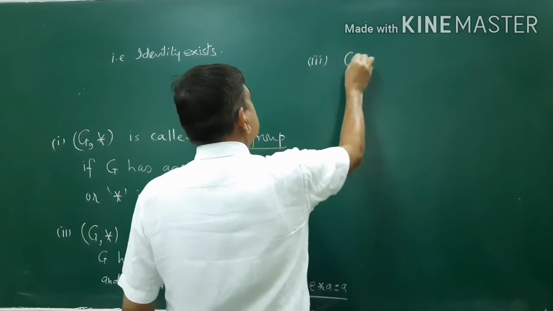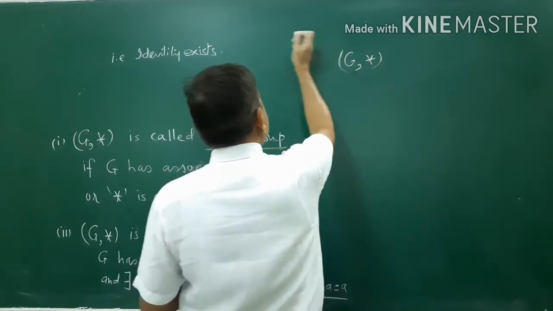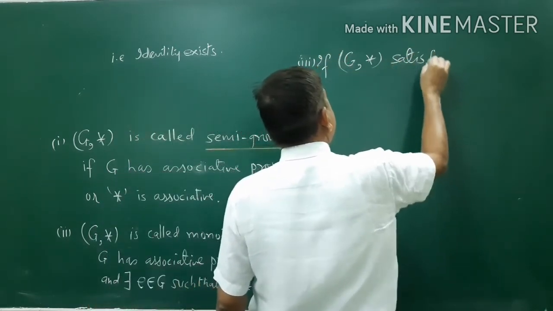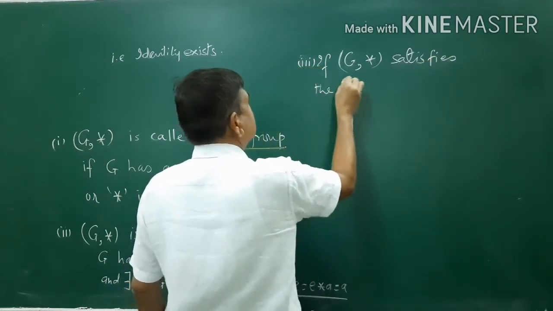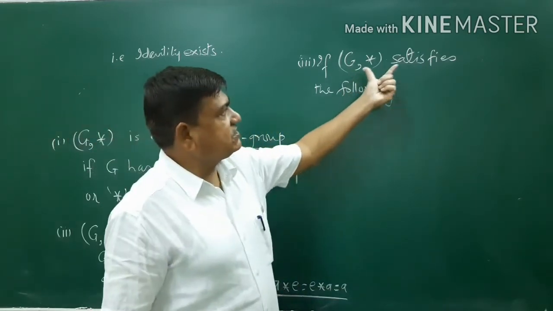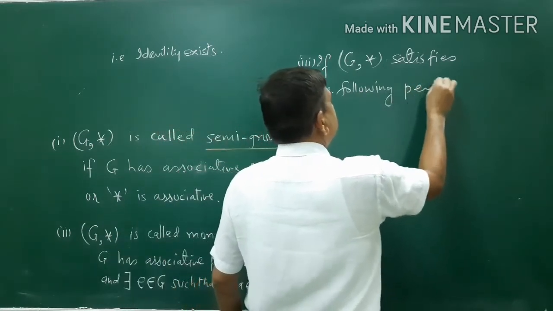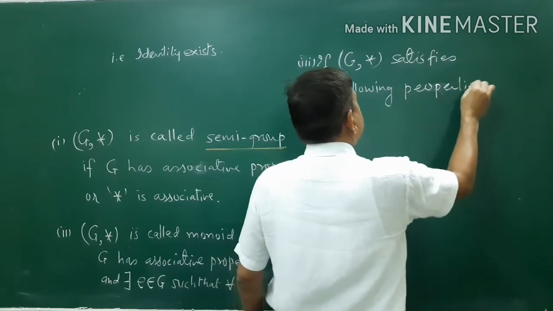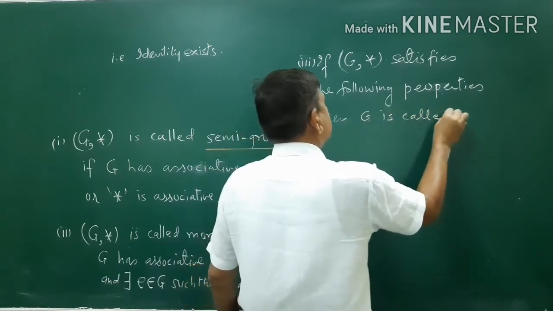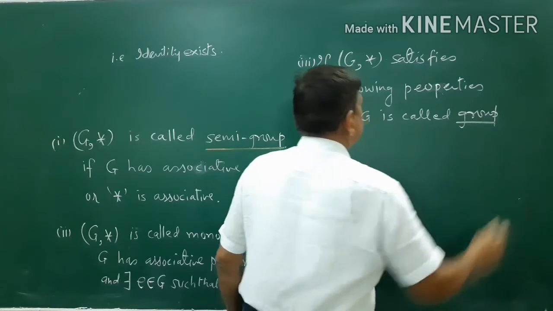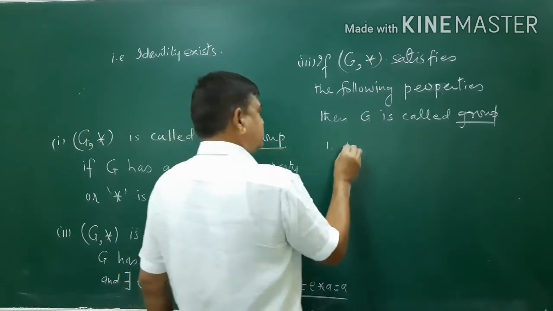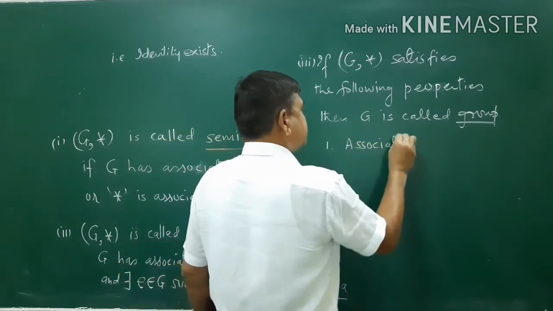Third, if this algebraic structure satisfies the following properties, then G is called a group. What are they? Number one, associative.